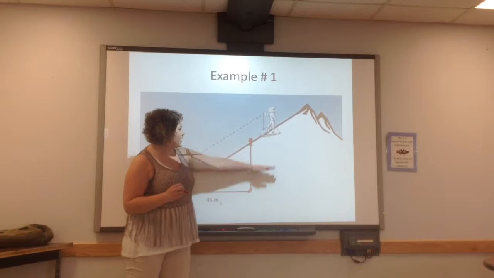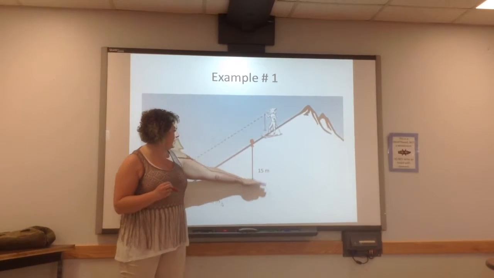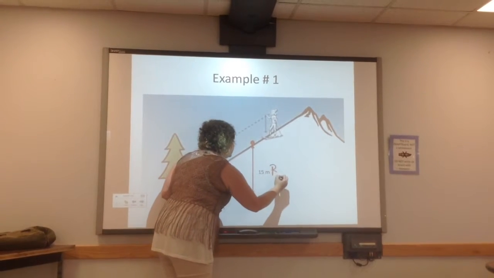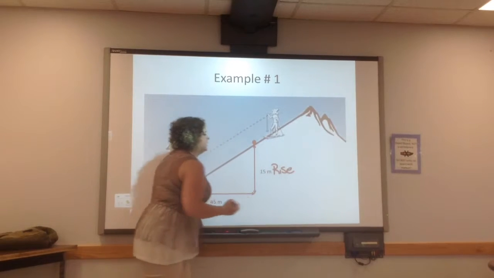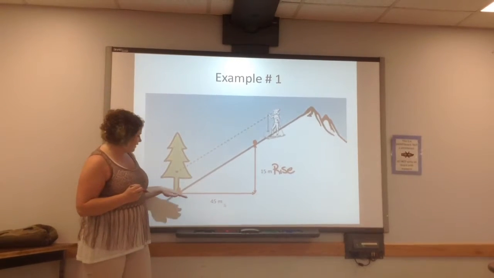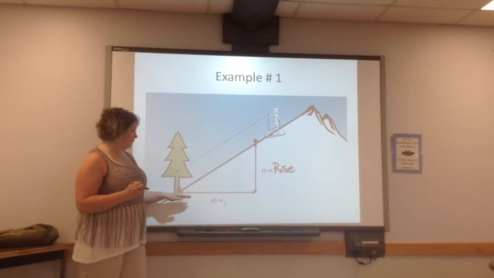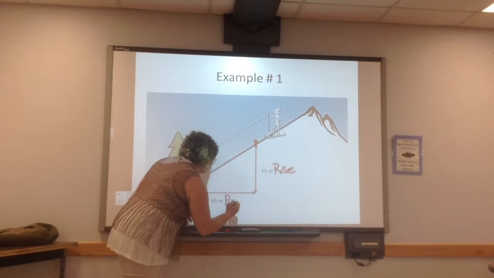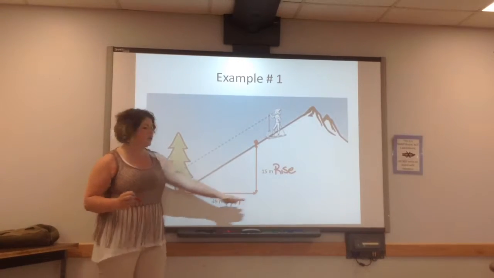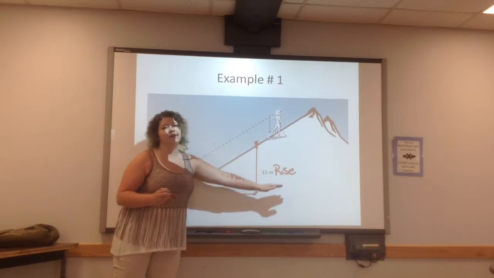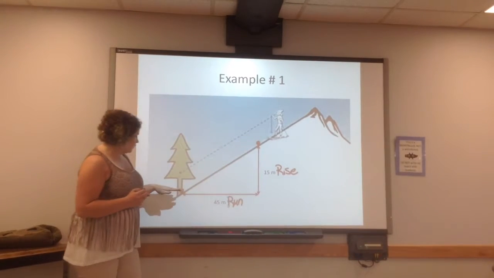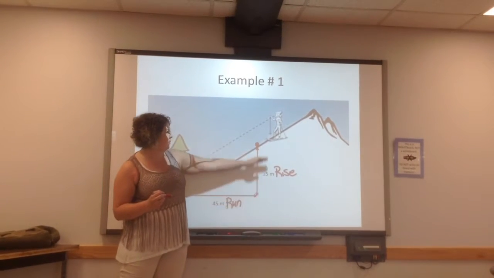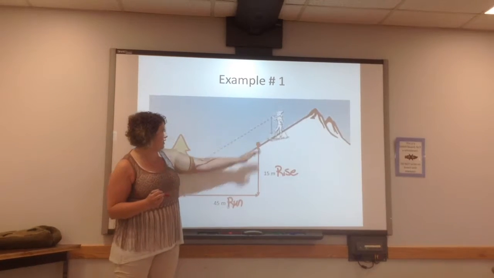Yeah, we're rising up. That's always our vertical distance here. So the 15 is our rise. And then that would mean this is our run, 45. The run is always horizontal, and the rise is always vertical. So we run over 45, and we rise up 15.